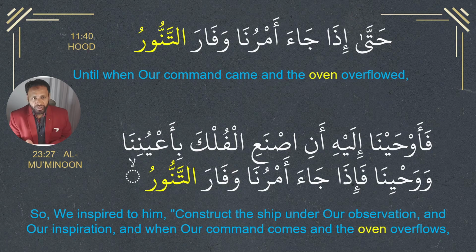So what Allah is talking about is the furnace inside the earth. When it overflowed, that's when the water was all pumped out. So it was not a normal rain. It was a very, very unique rain. Water was coming from everywhere. So how did the water boil up? That furnace that is there, it overflowed. It heated the water to the extent that it filled up the complete earth.